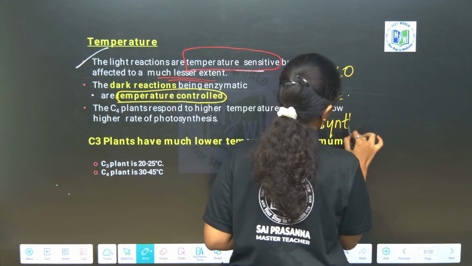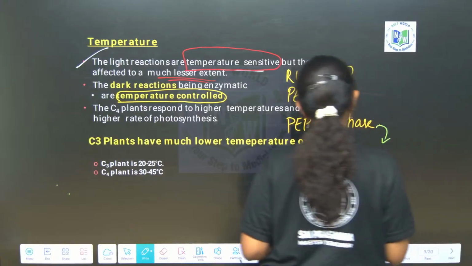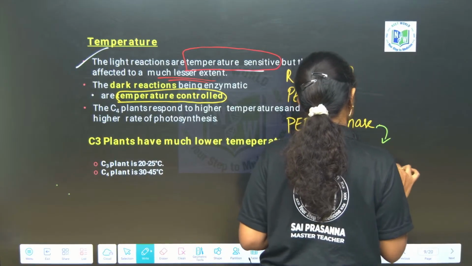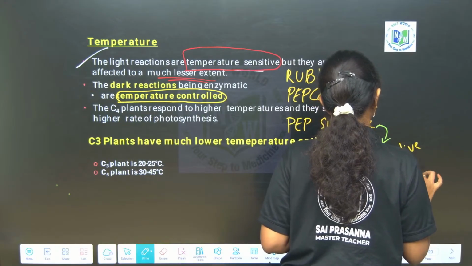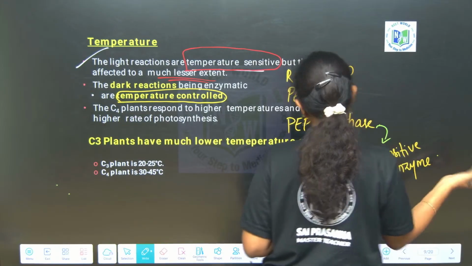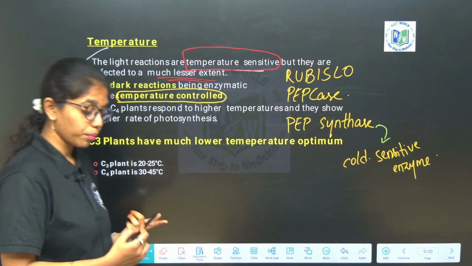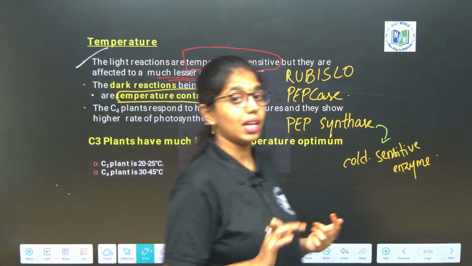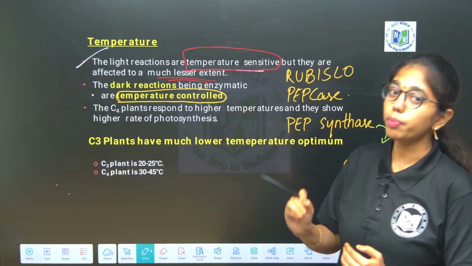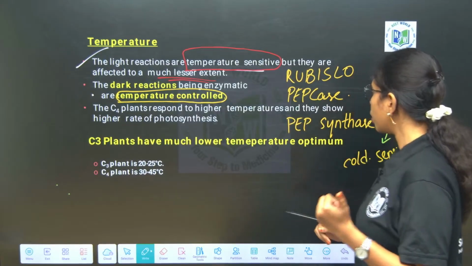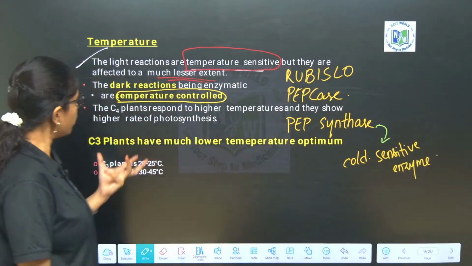PEP synthase is a cold sensitive enzyme. So here, of course, light reactions are temperature sensitive, but to a lesser extent. Dark reactions are more temperature controlled processes like Rubisco, Pepcase, PEP synthase. PEP synthase is a cold sensitive enzyme.